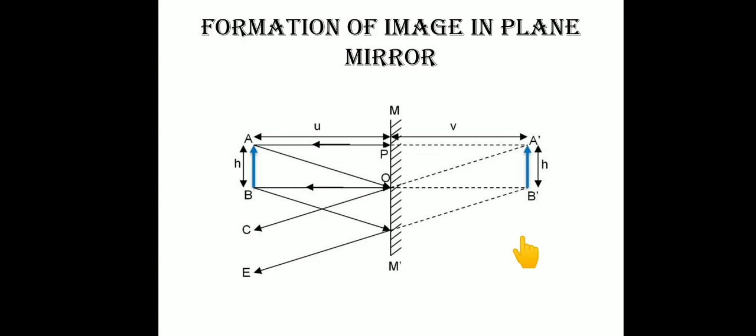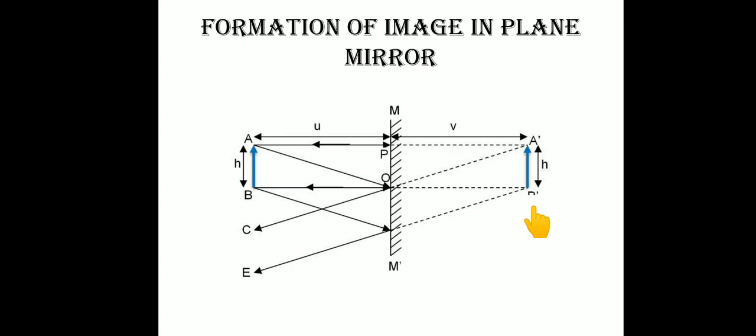Now you will see the characteristics of the image which is formed behind the mirror. Then what you will find, the image formed through plane mirror after reflection is equal in height to the object. Secondly, it is erect, but actually it is laterally inverted.